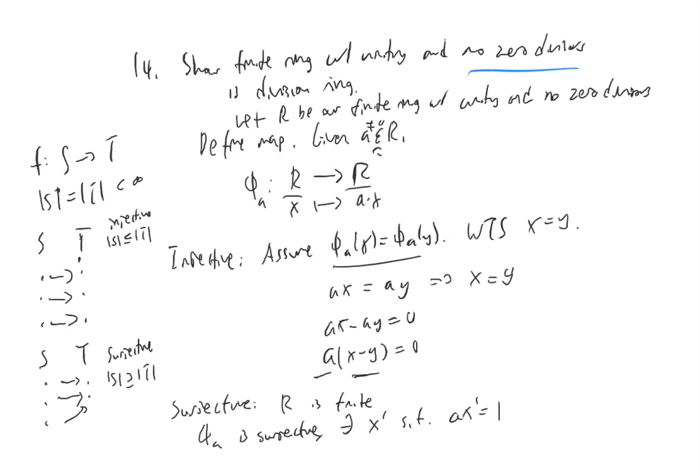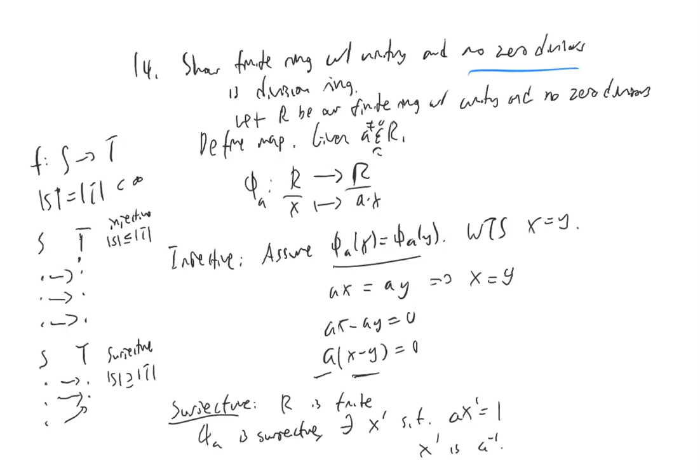Does everyone agree with this? It's surjective, so I must hit every element in R. In particular, I must hit 1. But then this means that x prime is A inverse.